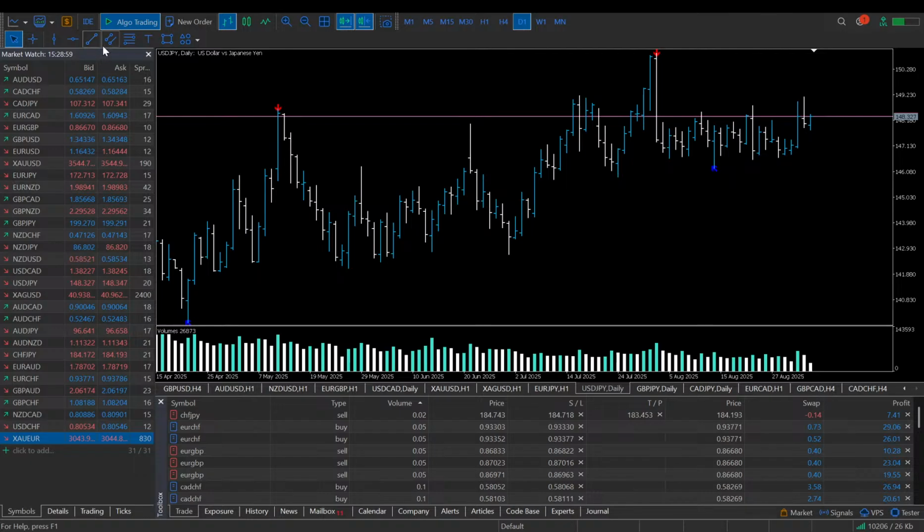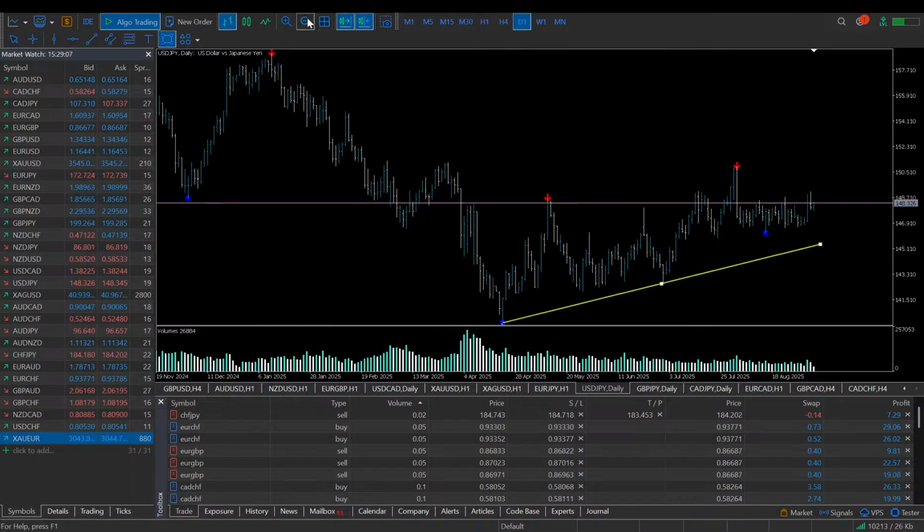Take a look at this movement that we have, and it's obvious that the market has been creating higher lows. Starting from the lower bottom here, and we have another higher low.